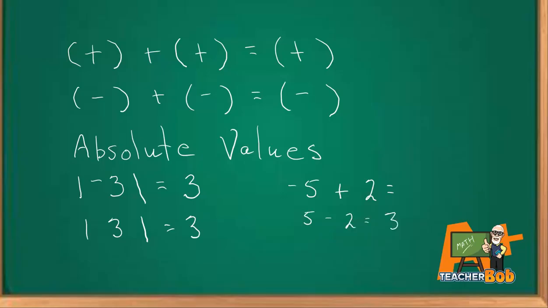We get 3. And the sign that's attached to the number with the largest absolute value or distance from 0 is negative. We would just put that negative sign in front of our answer. Simple as that. So just take the larger number, subtract the smaller number, and put the sign that the larger number has. Some real life examples.